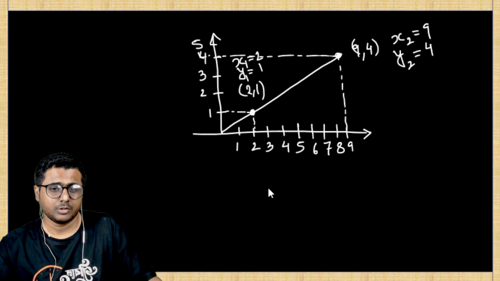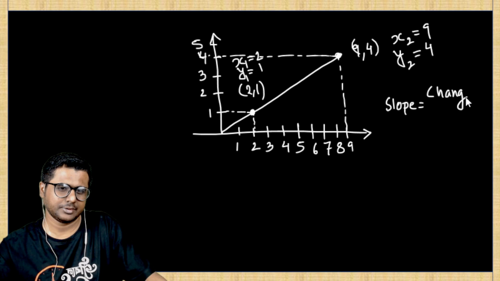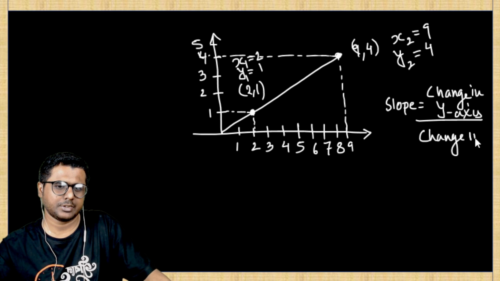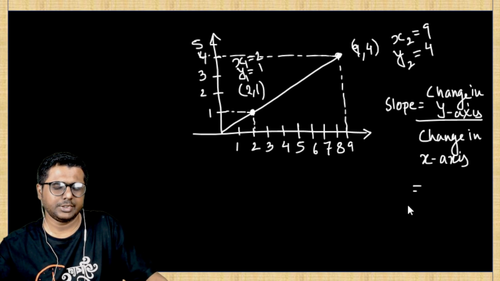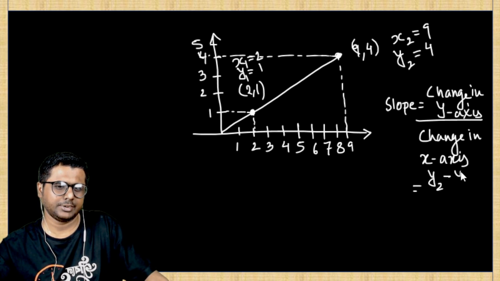So slope is basically defined as change in y axis divided by change in x axis. So what is change in y axis over here? y2, the final y, minus initial y, divided by x2 minus x1.